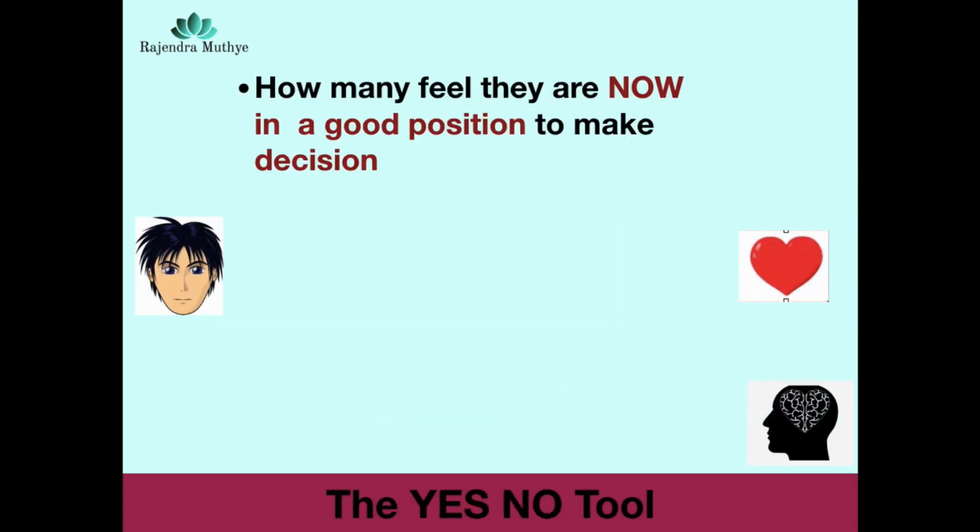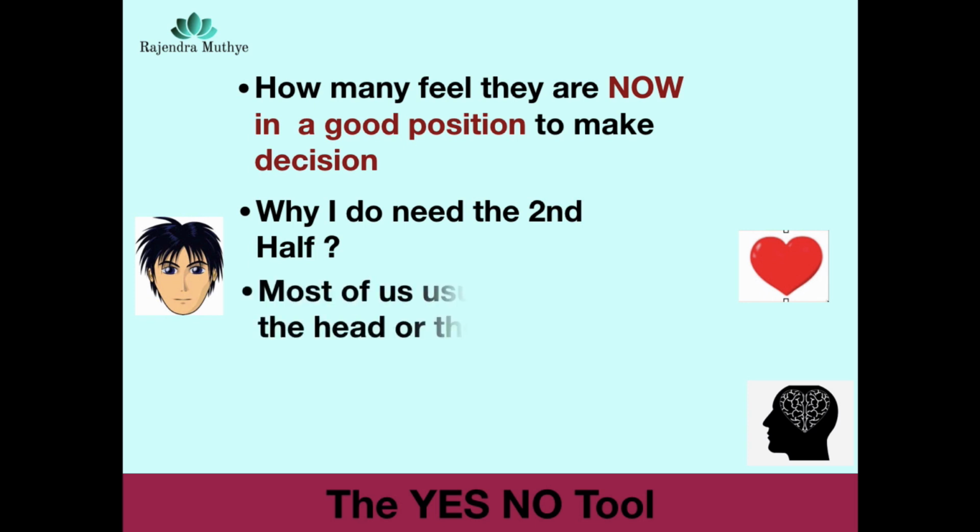So now tell me, how many people here are in a position to make a better decision? Let's look at the thing that you have written on that piece of paper. Do you think so? I bet most of you would say, yes, we are in a better position to make a decision. Then in that case, why do I need the second part? I'm sure this question must have crossed somebody's mind.